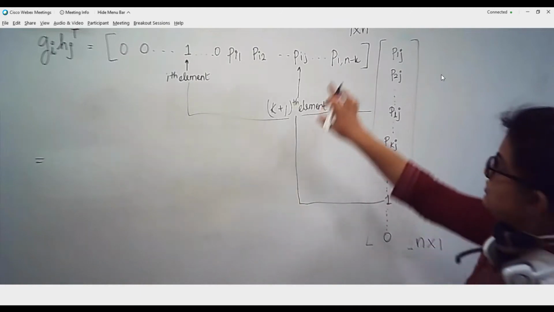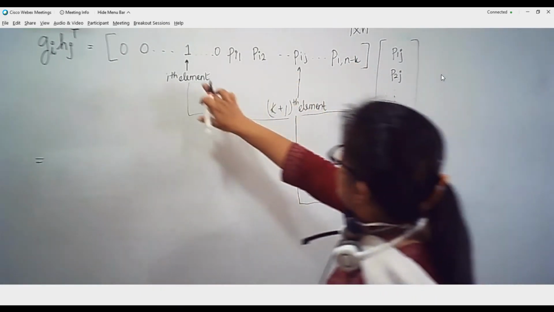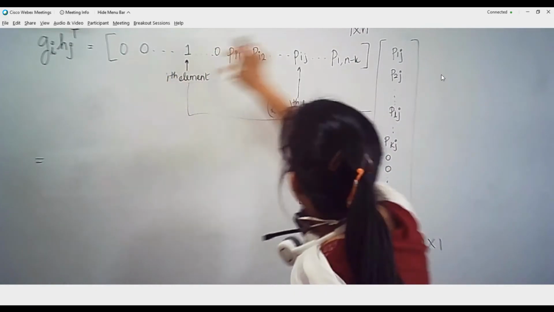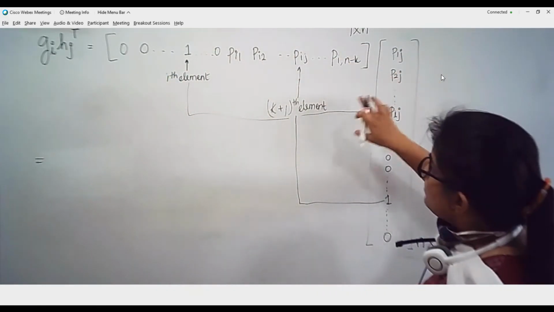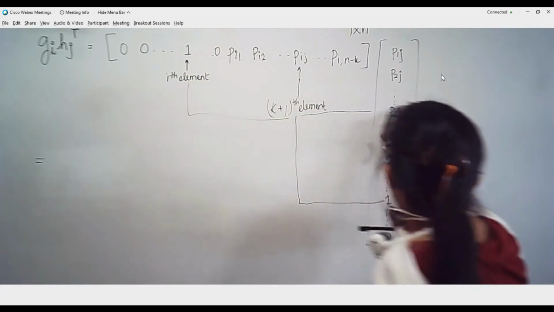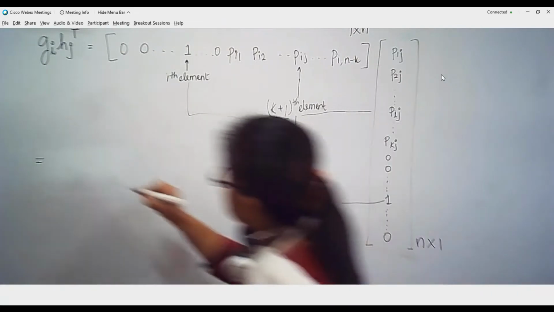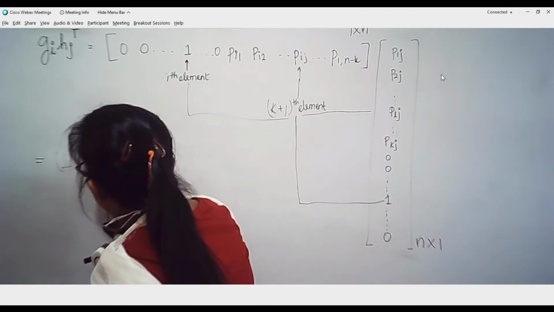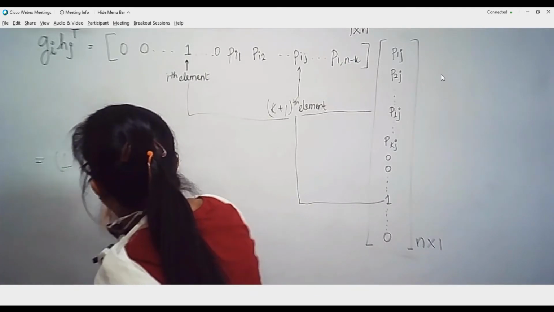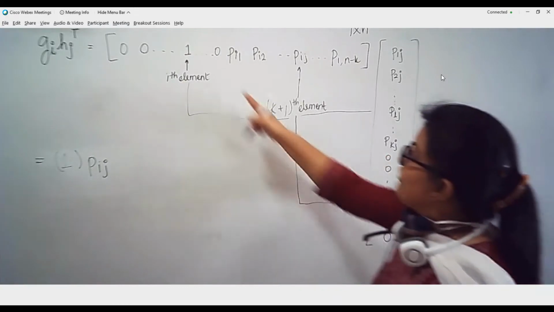Fine. Now we will see over here. Among the first part, you can see everything multiplies to 0 and only one element will remain, which is 1 multiplied by the corresponding ith element in this particular row, that is 1 multiplied by p suffix ij. And coming to this part again, you are going to multiply after k elements.